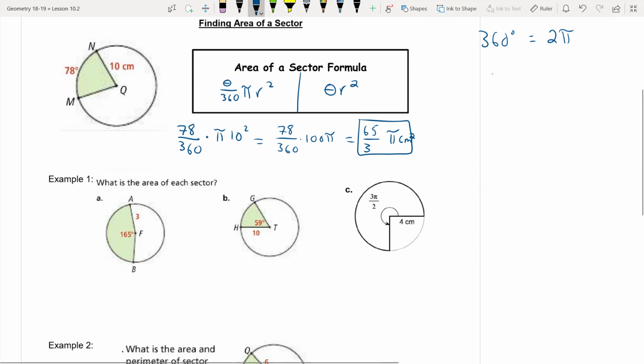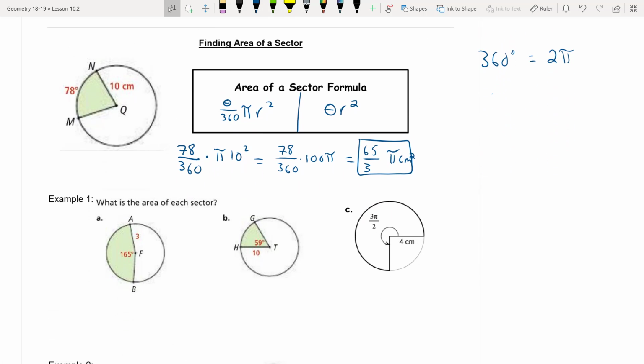So I've got 3 examples here. I want you guys to try each of these after I set up this first one. So this first one is 165 over 360 because I have a central angle. So that means this arc is going to match it. And that's going to be multiplied by pi times 3 squared. So 165 divided by 360, as a fraction, is 11 over 24.